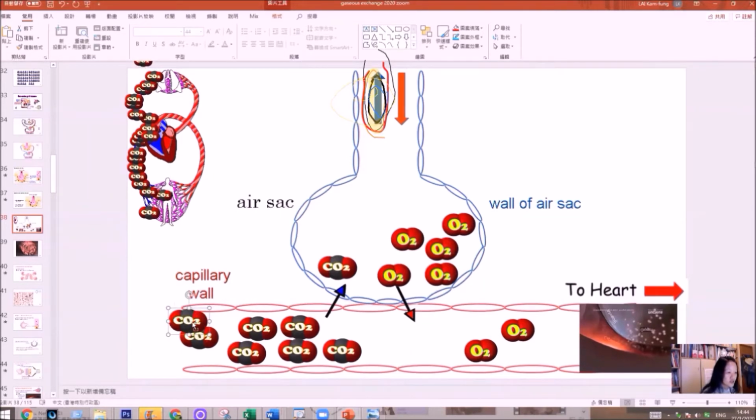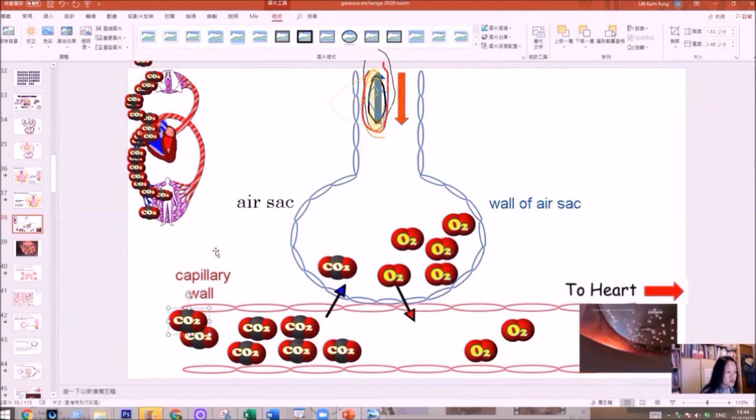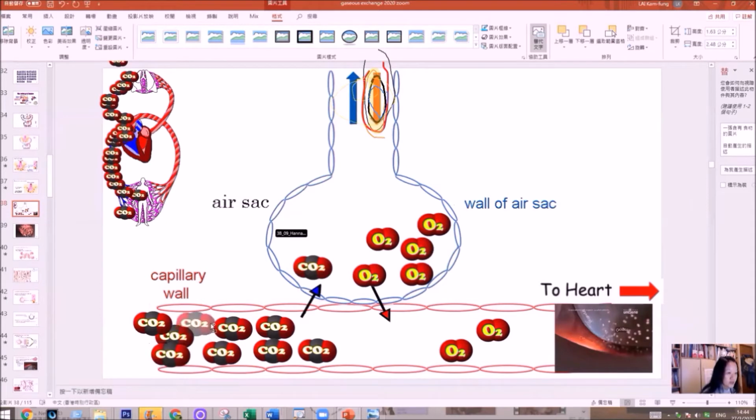They reach the capillary wall in this region. That means here. So with the blood, they will keep bringing this carbon dioxide to the blood in the air sac.